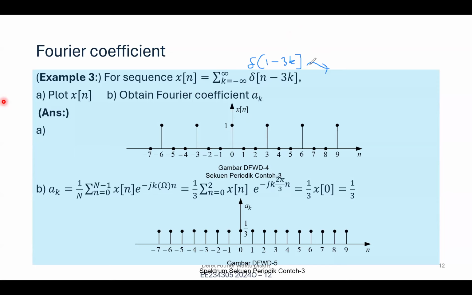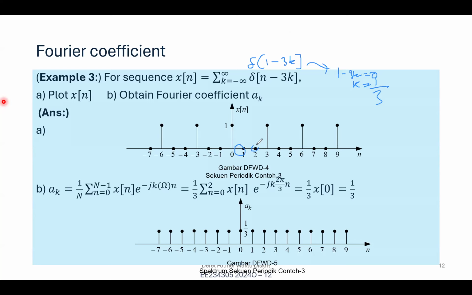Here, the value that could make this 0 is 1 minus 3k equals 0, and k is 1/3, which is not possible, right? So we cannot get x1, therefore it would be 0.